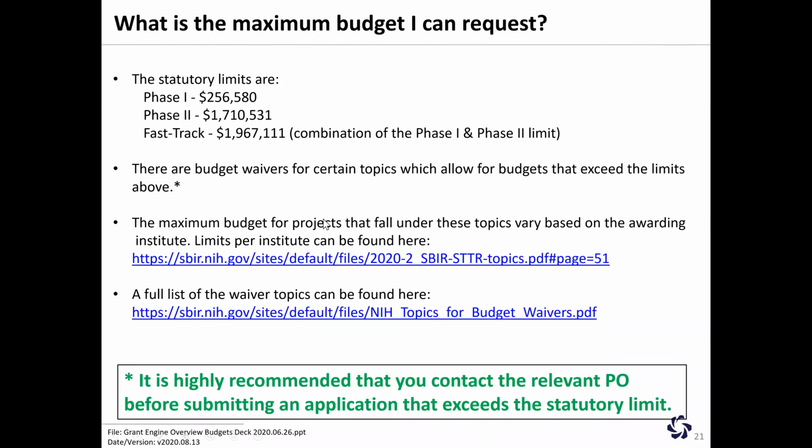So if you think about this concept of a direct to phase 2, where you have not done a phase 1 award, but you have done essentially the equivalent of phase 1 work, and you think about a total budget, and I'll pull up a screen here to show the dollar amounts. Phase 1 is $256,000 at the statutory limit. That's total cost. Direct is about $165 or $170 thousand. What could you have done for $170,000, approximately, in terms of the scope?